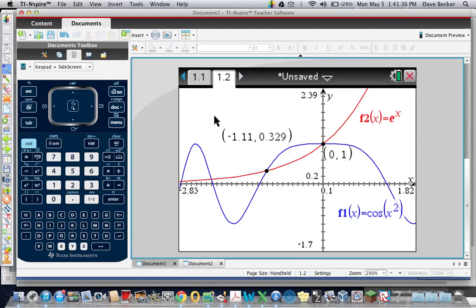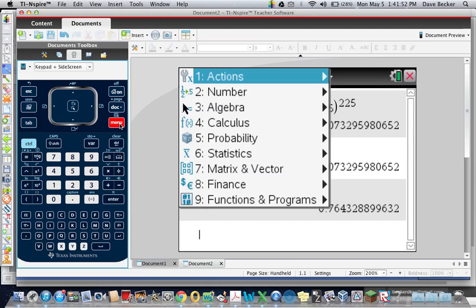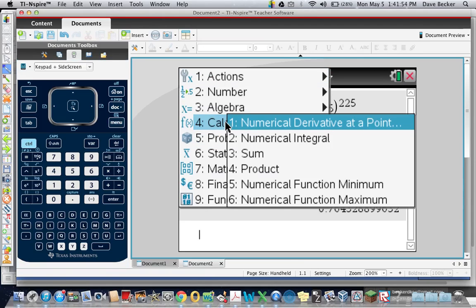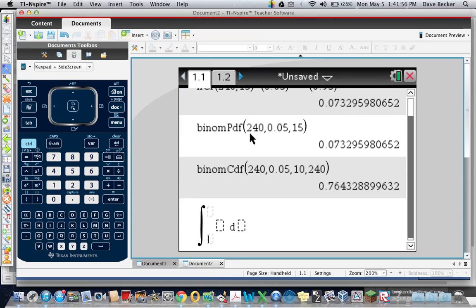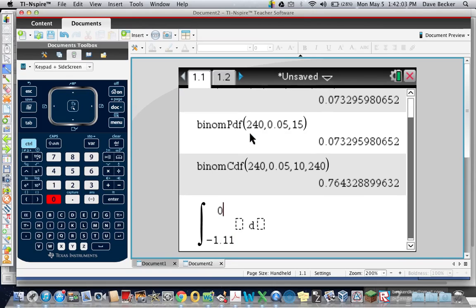You don't have to write GDC or anything. Now here's the beauty of it. If you are in a document and not on Scratchpad, you don't have to type in cosine x squared, and you don't have to type in e to the x. Check this out, sports fans. Menu, calculus, numerical integral from negative 1.11 to 0.